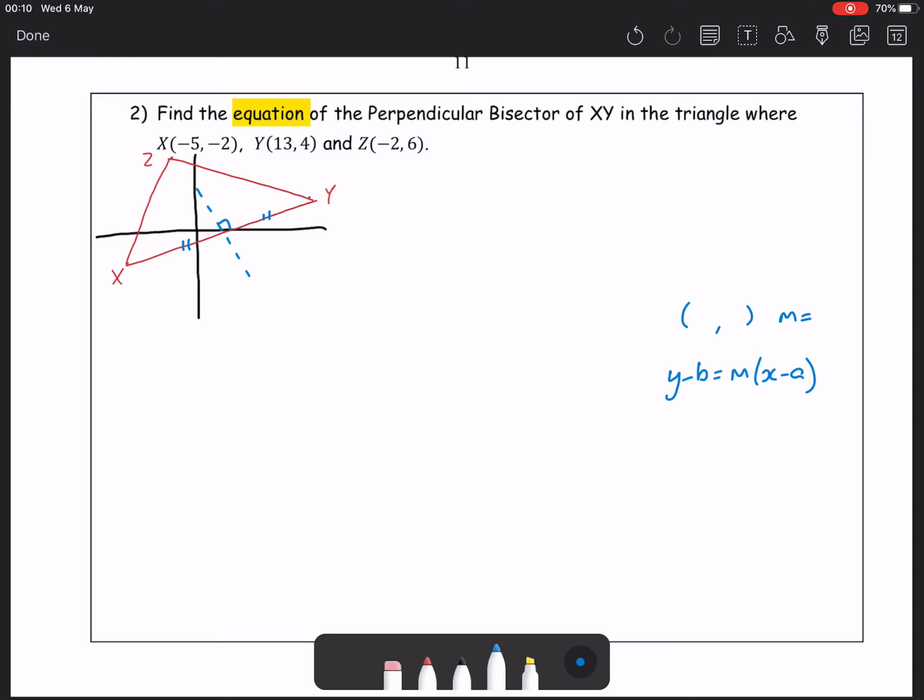Our midpoint of XY is our x values added divided by 2, our y values added and divided by 2.